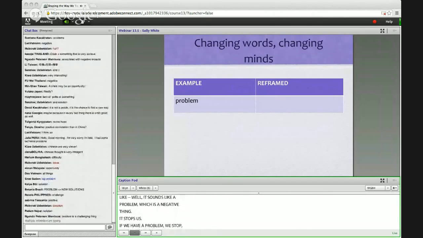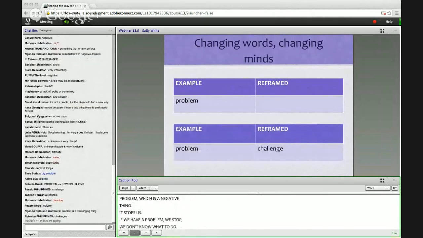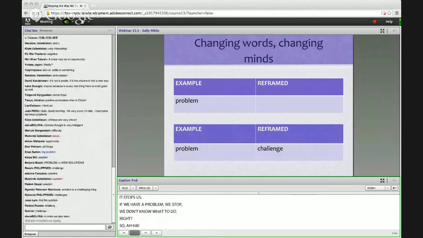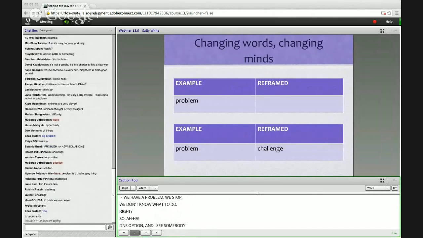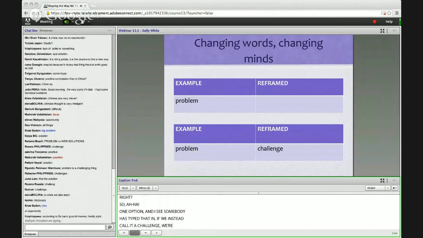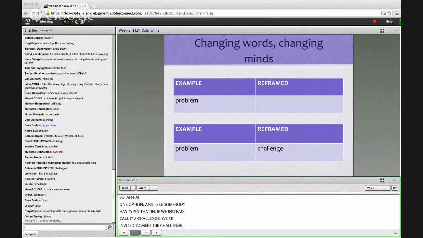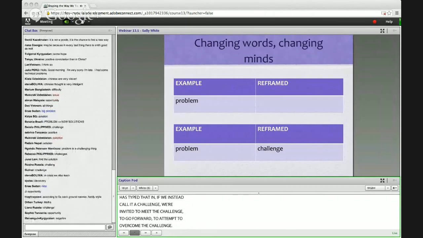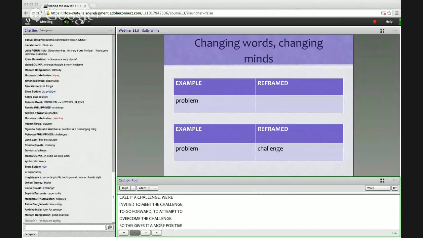So, aha. One option, and I see somebody has typed that in, if we instead call it a challenge, we're invited to meet the challenge, to go forward, to attempt to overcome the challenge. So this gives it a more positive feel and allows us, or invites us, really, to move through it.